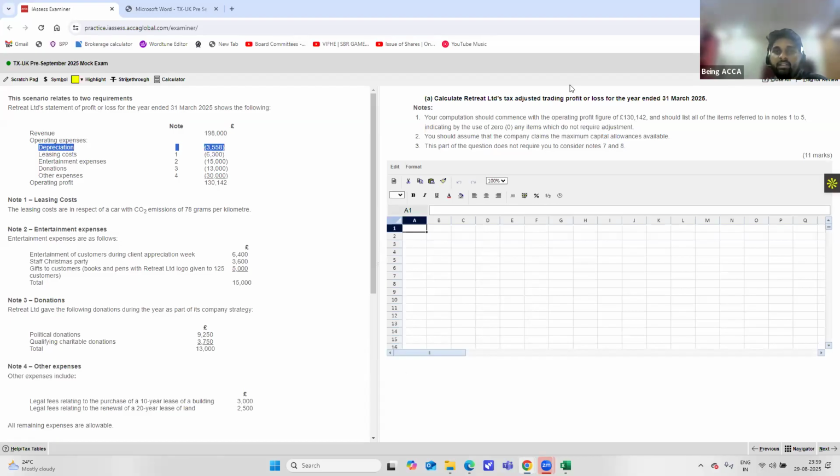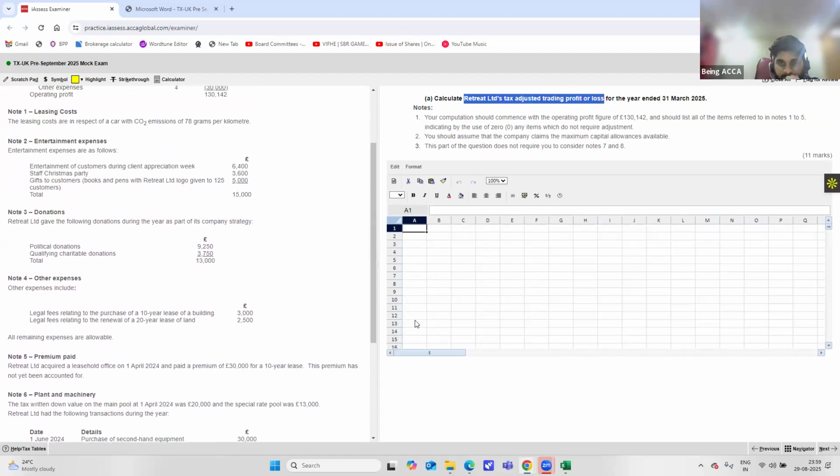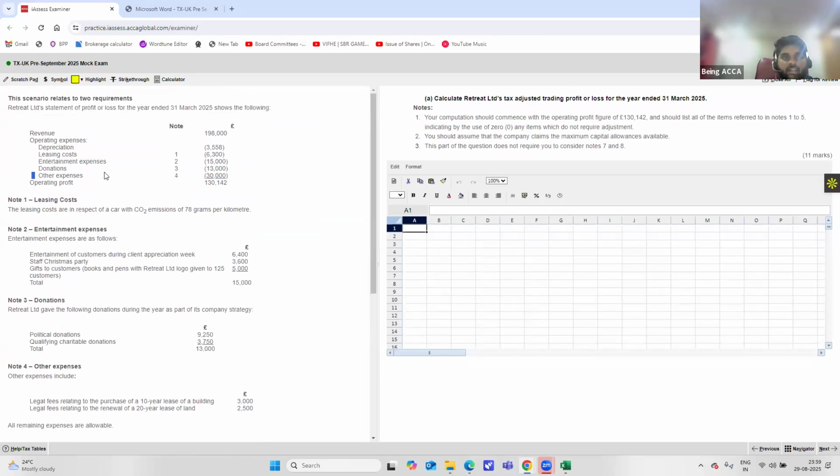So here, Avantika, the first thing they're asking is the tax adjusted trading profit only. Here we're calculating the taxable trading profit. We did not go to any gains part. If there are any gains included, like property income, in computing your operating profit, you're asking whether you have to deduct them.